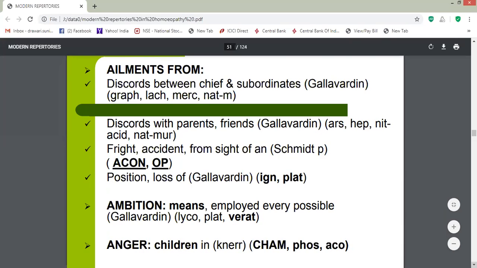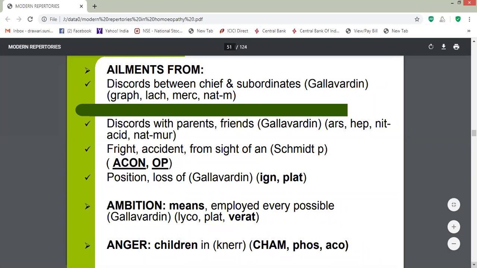Then fright, accident, from sight of an, taken from Smith's work, and indicated medicines are aconite and opium. Then position, loss of, was taken from Gallaverdin, and the indicated medicines are Ignatia and platina.